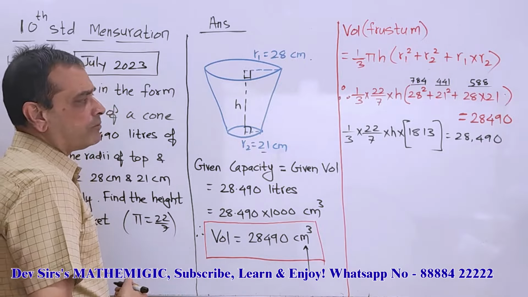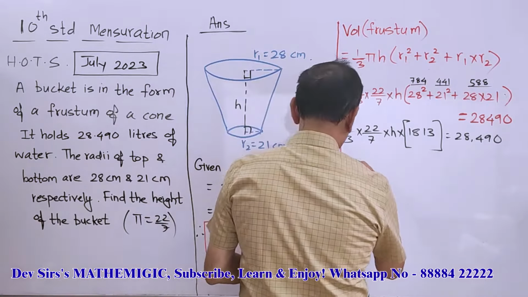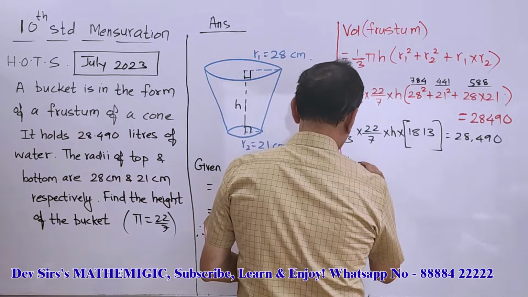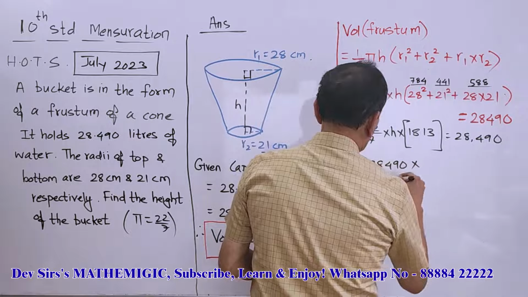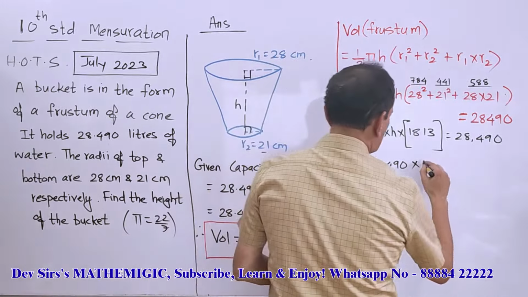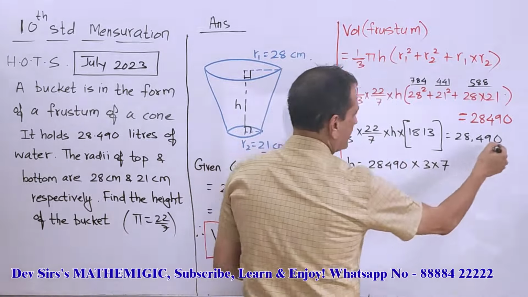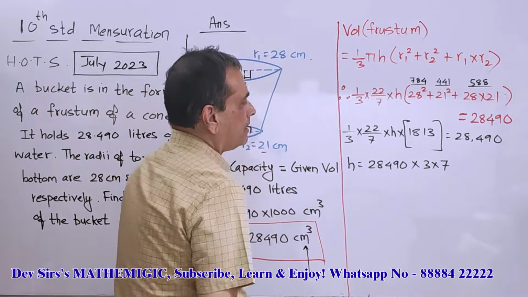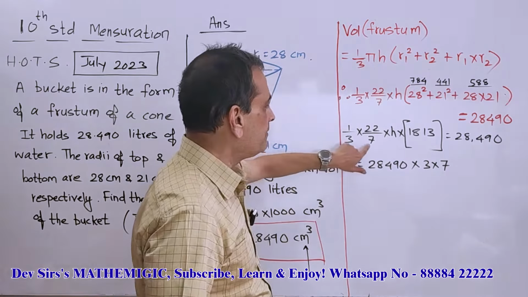Now, how do we go about the calculations? Keep h on the left hand side. Three into 7 goes in the numerator. यहाँ से क्रॉस मल्टीप्लीकेशन. This multiplied by this multiplied by this.